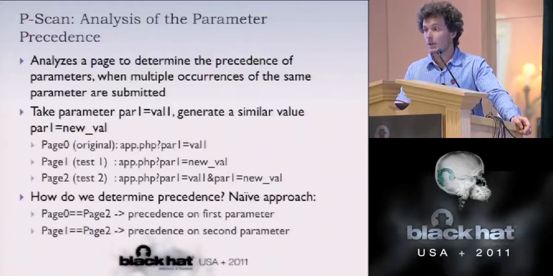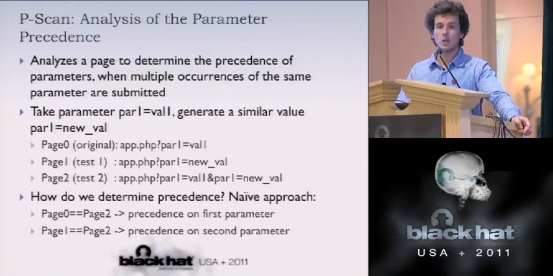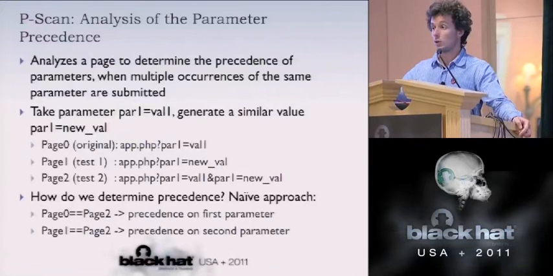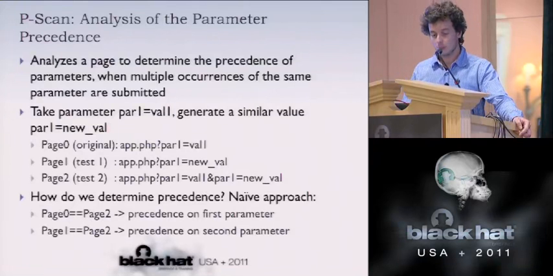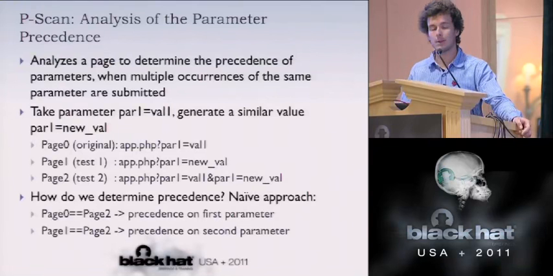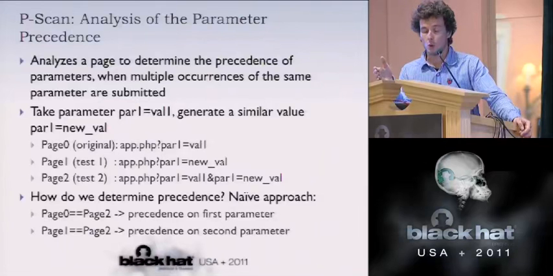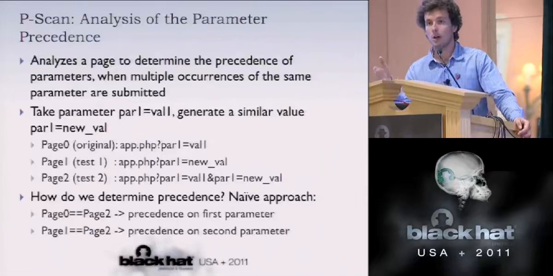The question is, now that you have injected the parameter, can you actually override an existing parameter or not? Because suppose you inject a parameter, but it falls in a position of your link that does not allow you to override the existing parameter because the precedence is wrong. So we have this component that tests for the precedence, and we can say whether a vulnerability can bring to exploit the application or not.